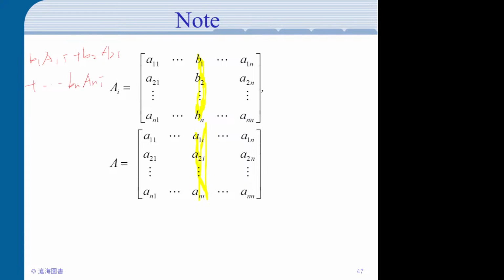And okay, so why is this the determinant of this Ai? Is because if we do cofactor expansion here, expand here. No, this one. So we expand on this column.